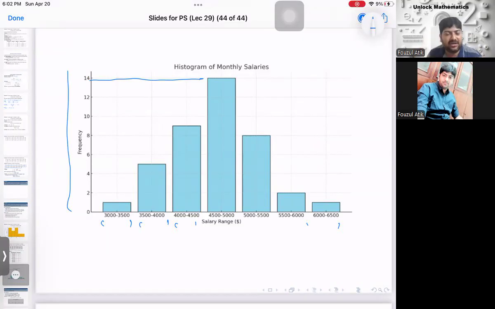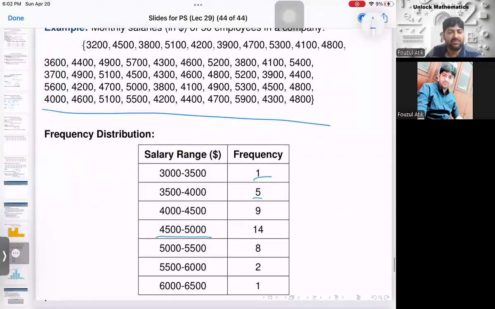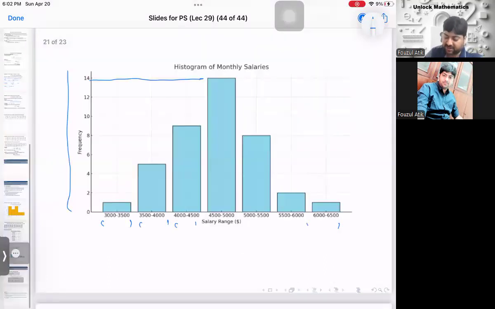From this picture we understand that it is kind of a normal distribution. So from this data we first made the histogram, and then we tried to analyze which kind of distribution the salaries follow. By looking at the picture we understand that it is following a normal distribution, the bell shaped curve, we all know.